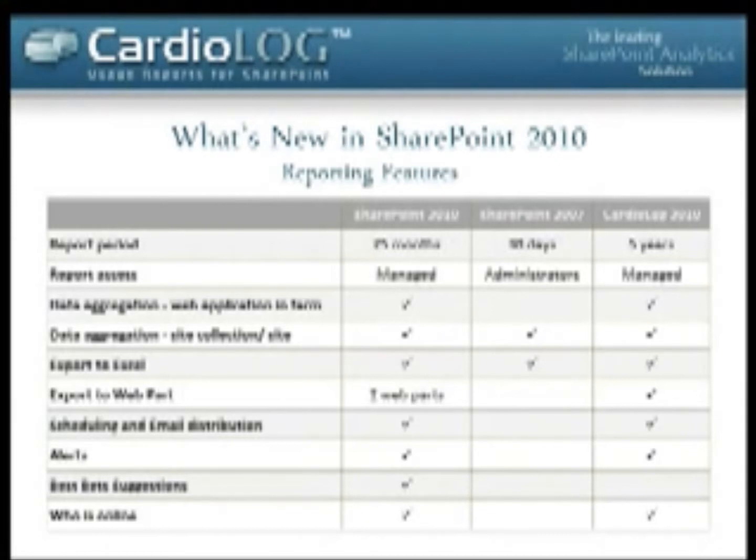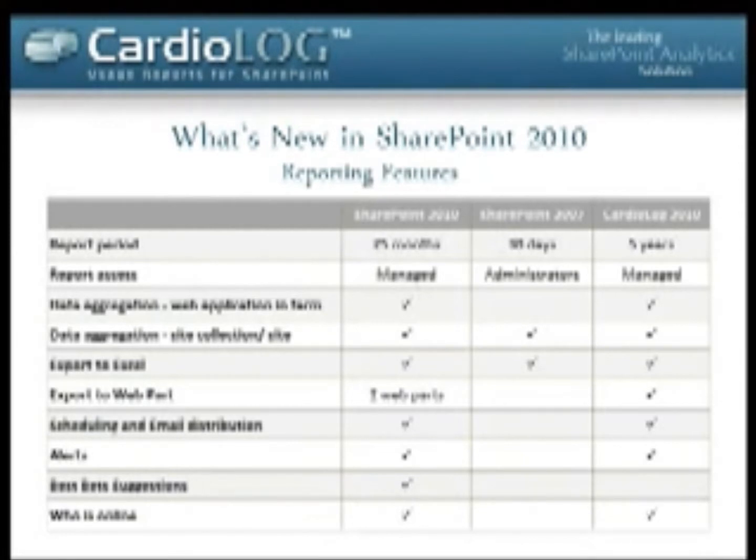SharePoint 2010 provides two web parts in this regard, web analytics web parts. SharePoint 2010 brings with it some scheduling and email distribution and alerts, which is good news. It has its own unique best bets suggestions, helping analysts find out which are the best bets, search best bets.